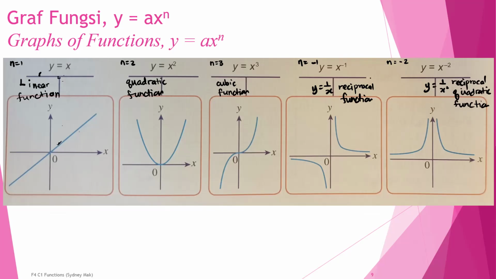Yes, important. Now, generally it is y equals ax to the power of n, right? So when the value of a is positive, this one is y equals ax. There must be an a there.